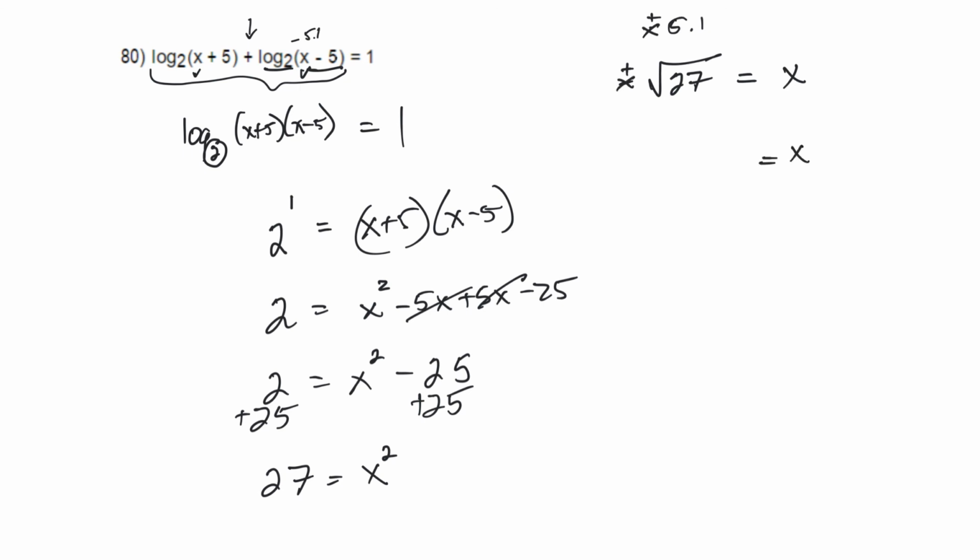So I would just say x is equal to the positive square root of 27. I think you could simplify that. That's a root of 9 and a root of 3. So you could call it 3 root 3. Or, depending on the question, you could give an approximation of 5 point something or other. All right, hopefully that helps you with those exponent log questions.